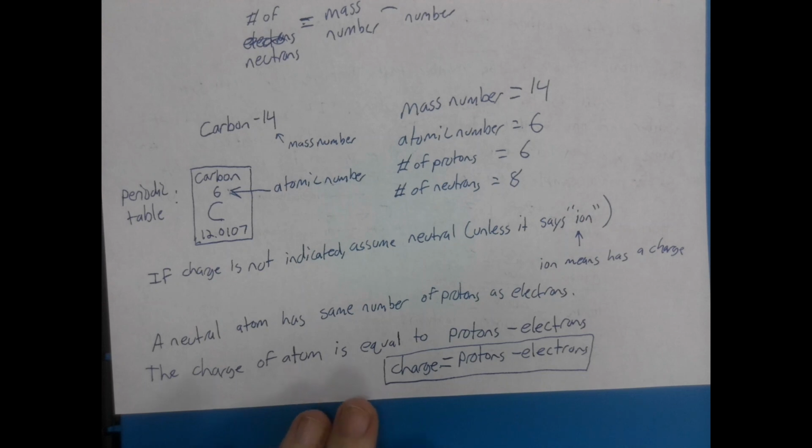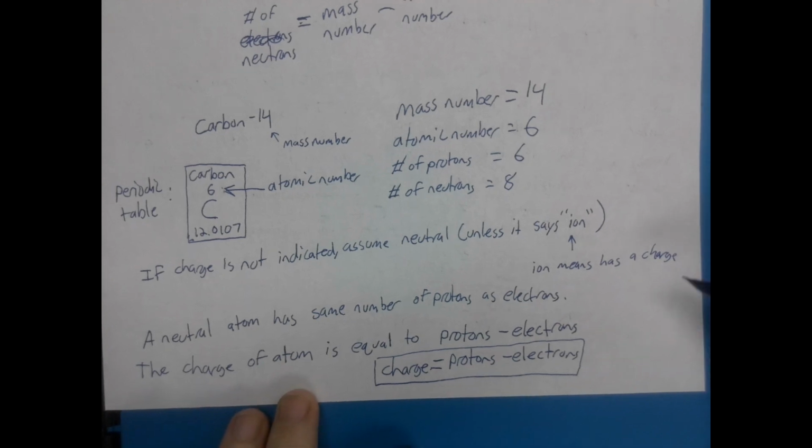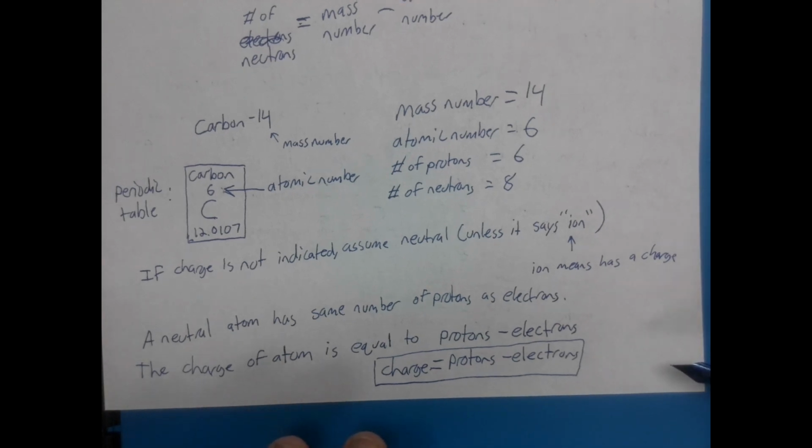How I remember charge is if you have 2 additional electrons, you have a charge of -2. If you're missing 2 electrons, you have a charge of +2. That's how I think of it, how many additional electrons do you have, or how many electrons are missing. The reason why we won't use this is we'll learn later on that an entire group is missing 3 electrons, and you really don't care about protons.